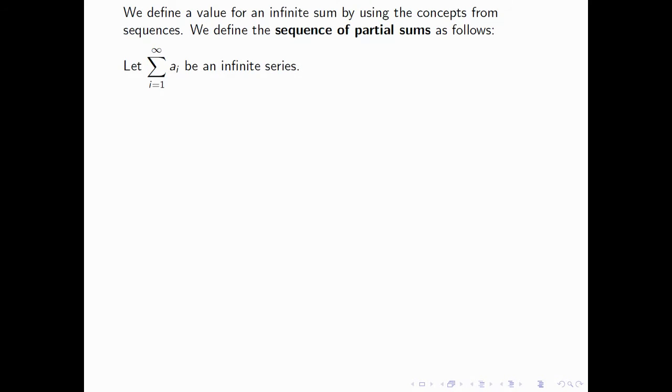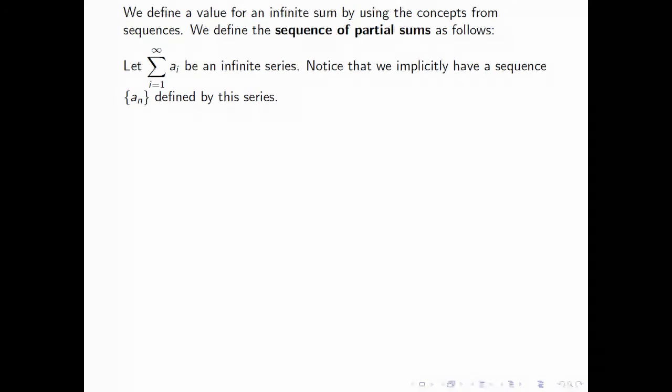Now remember, now i is the index. I'm just using a different letter because I need n for something else. And notice that from this, if we look at the individual terms that we add, we make out of that a sequence, right?